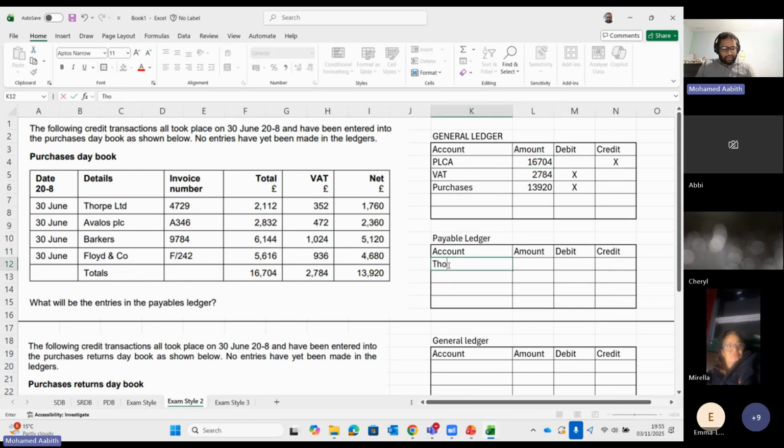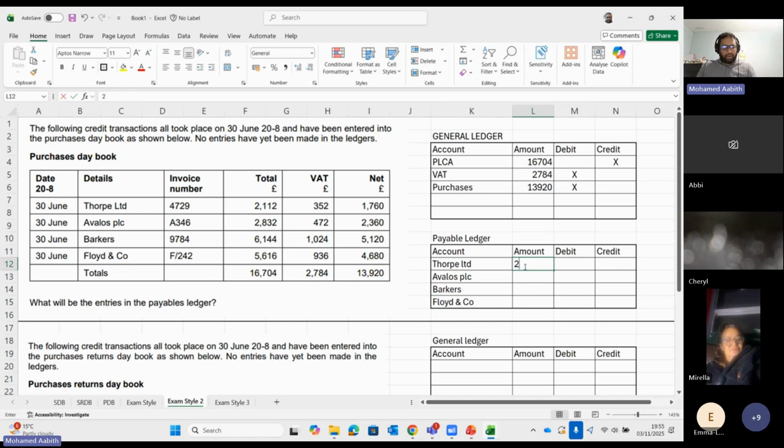So we have to look at the individual supplier accounts: Thorpe Limited, Avalos PLC, Parkers, and then Floyd and Co. What is the amount we have here? 2112, and then we have 2832, 6144, and 5616. But these will all be on the debit side? No, you're not. You have to remember it is exactly the same as this PLCA account. All of these accounts must have credit entries.